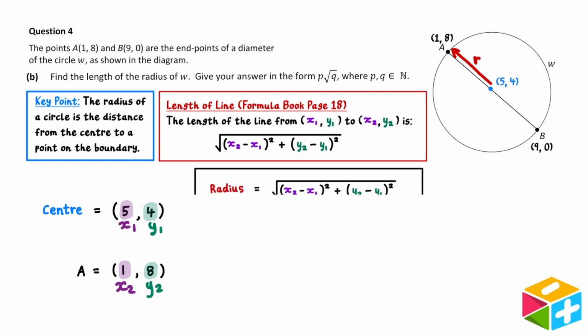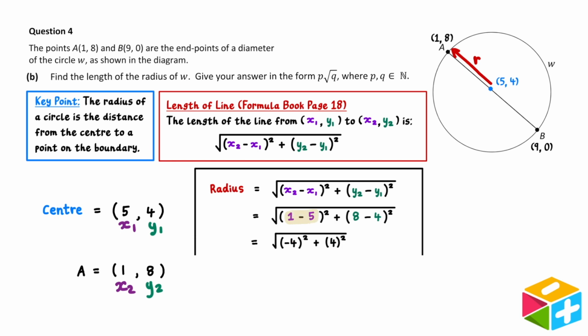To find our radius, we just need to sub these values into our formula. One minus 5 is minus 4, and 8 minus 4 is 4.